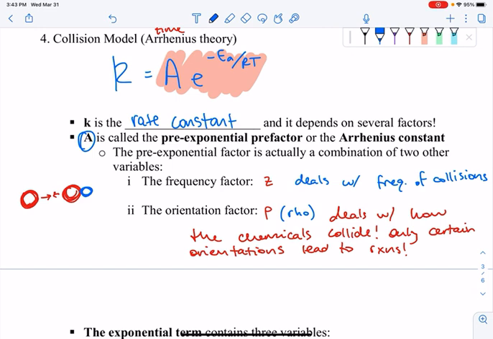But if we do this again, and instead the blue dot hits the red dot, this might lead to a new compound. So we'll draw a new one like this. If this goes nada, nothing happens. So here that shows that the molecules need to hit each other in a very specific way. That's what the orientation factor means. You don't ever really have to do any math with these. It's just something that you should think about.